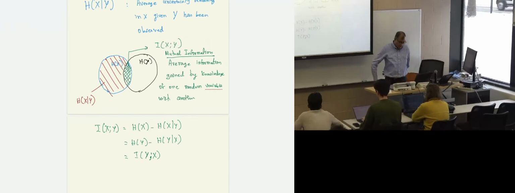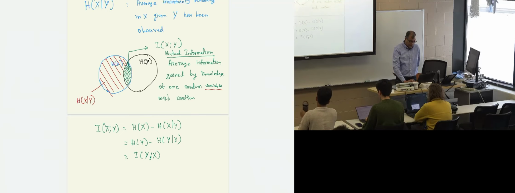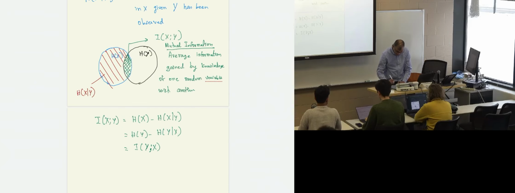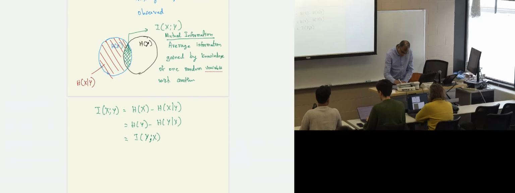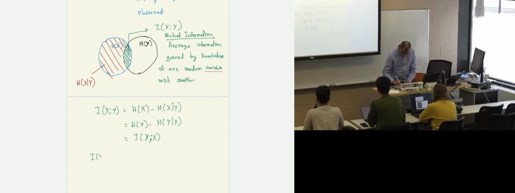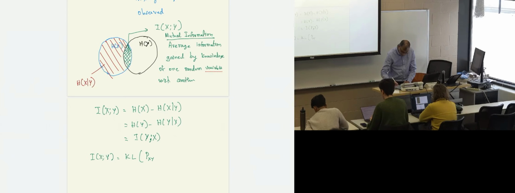Okay, so if we can write mutual information in this form, which is good, we can also write it in a more intuitive form, in my opinion. You can write I of x, y as the KL divergence of p x, y given p x, p y.